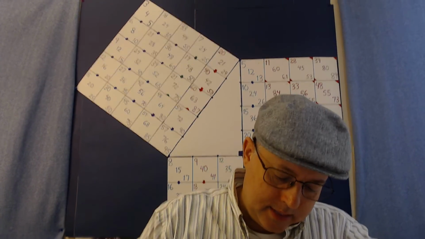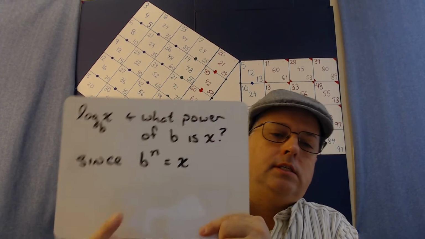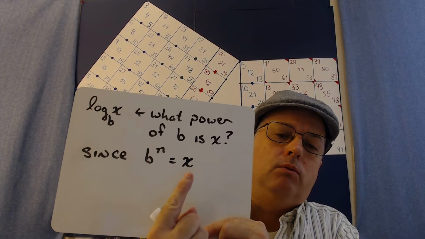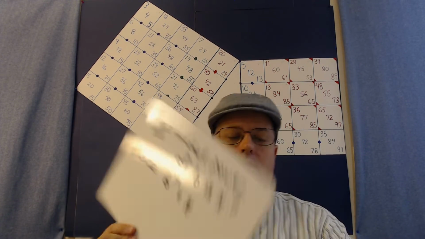And since b to the n is x, since b to the n equals x, then we can answer that question: log base b of x equals n.